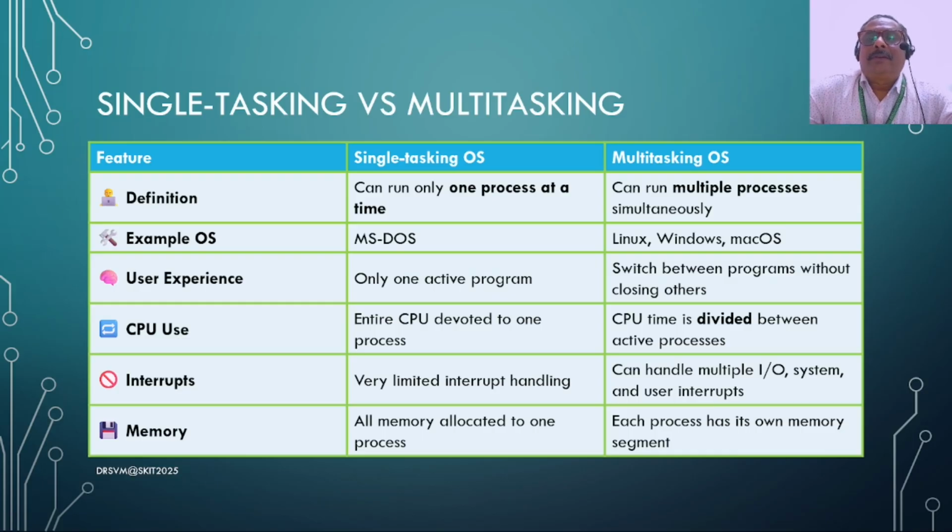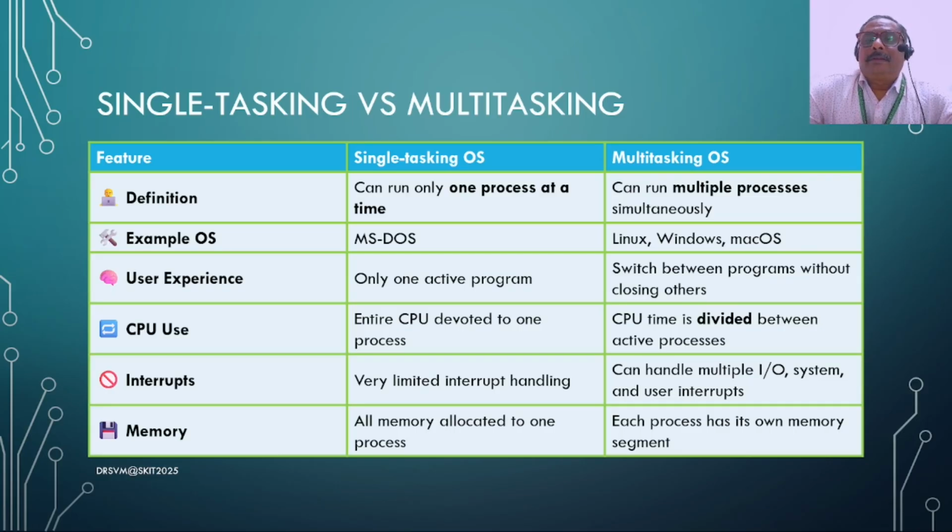So the multitasking operating systems can run multiple processes simultaneously. That means it can have multiple processes on the memory simultaneously, but at any time only one process will be active and get the CPU time, and all others should be waiting. The examples were Linux, Windows, Mac OS and all that.